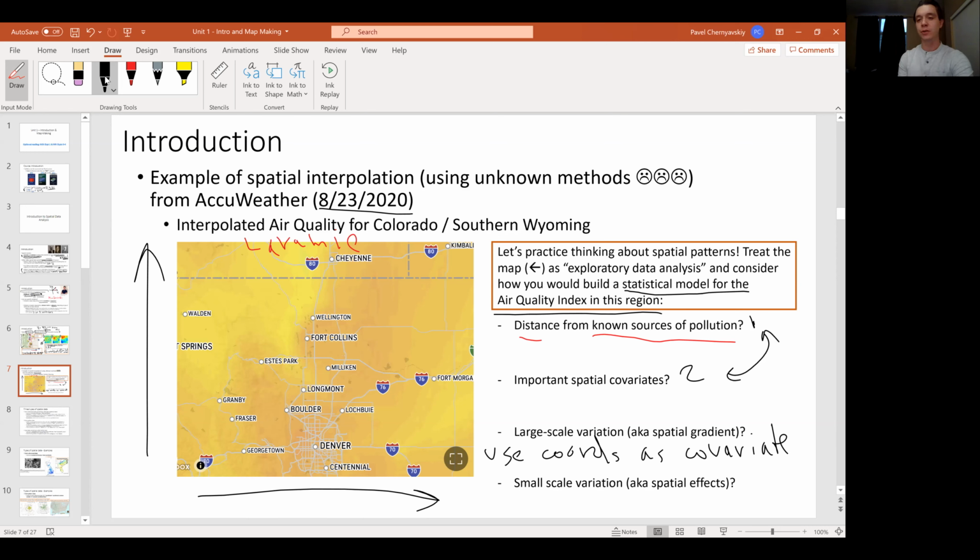I'll give you a lot more on coordinates later. Could I explain some of the patterns by including x and y in the model? So something like x plus y plus x times y. That's an interaction term, right? If you're following along.